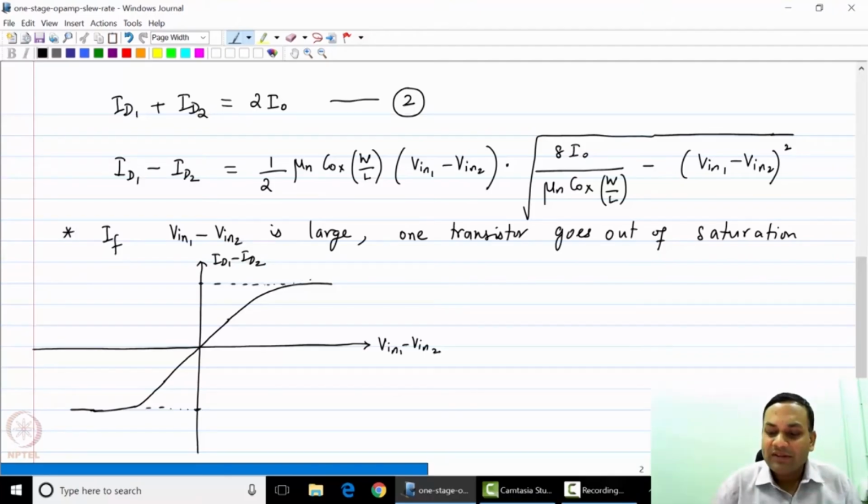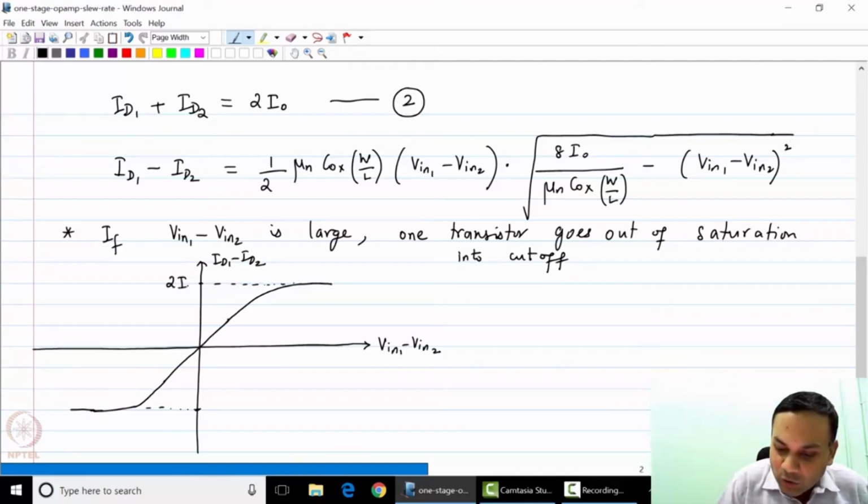So clearly when this happens, you can see that ID1 minus ID2 becomes a fixed value, and that happens when one of the transistors goes out of saturation into cutoff. When that happens, let us say M2 turns off, then all of the current flows through M1.